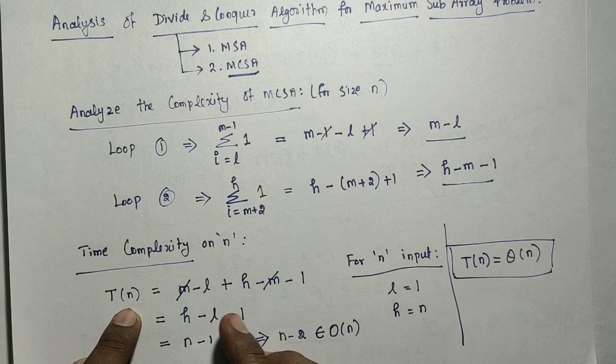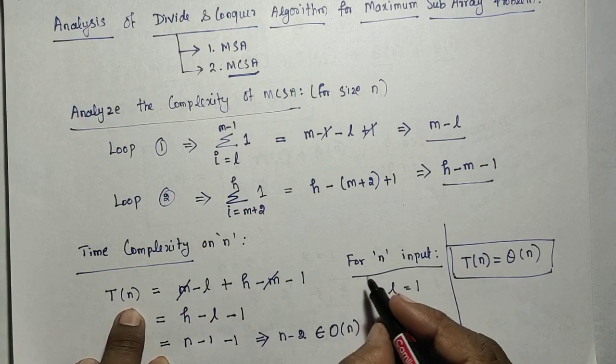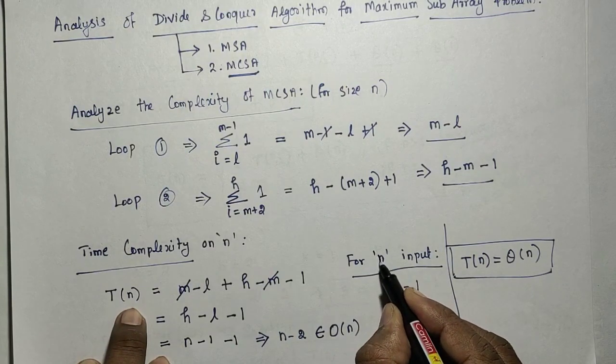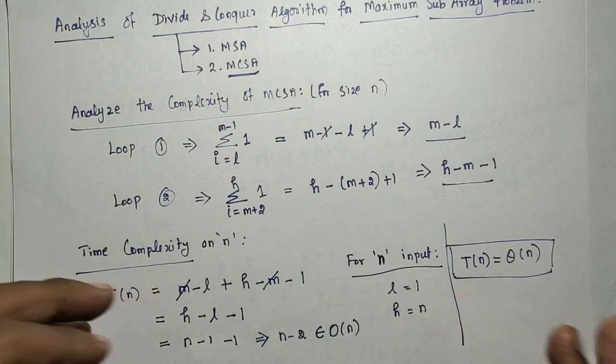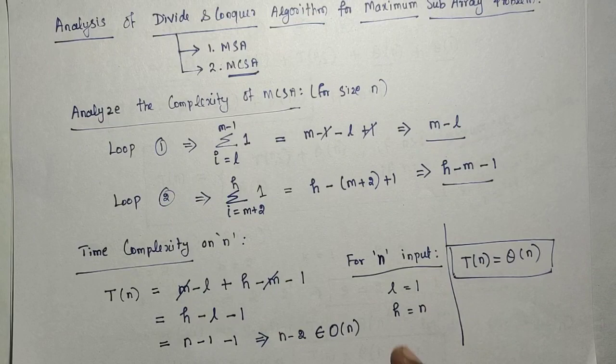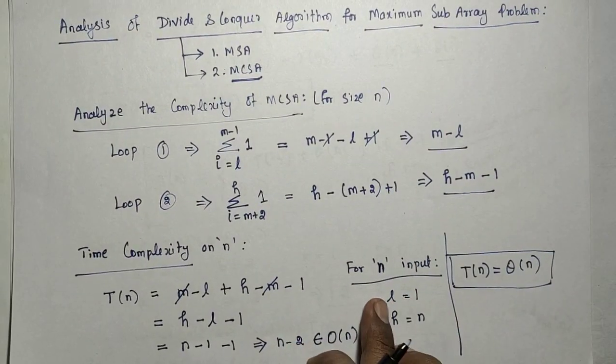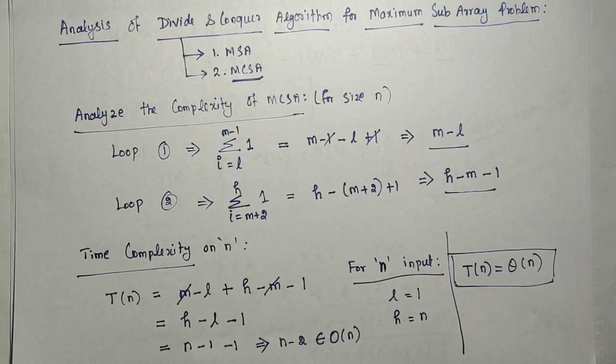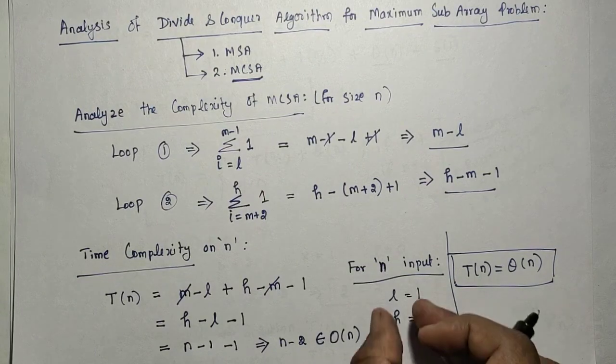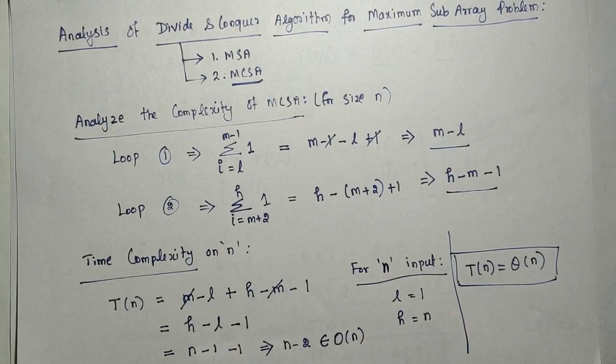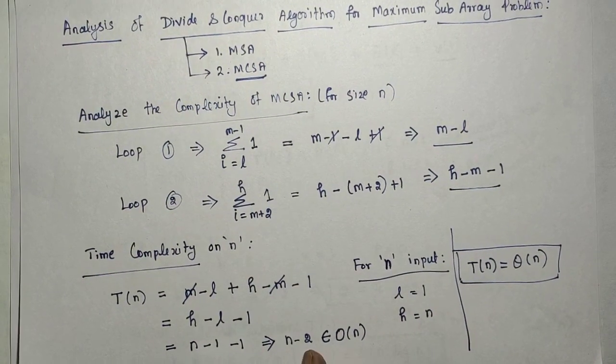But we need to represent that complexity in terms of the input size n, so I need to represent h and l in terms of n. For the full array, where the entire n elements are involved, l will be 1 and h will be the index of the last element, that is n. If you substitute 1 and n here, n minus 1 minus 1 is n minus 2, that belongs to O of n.